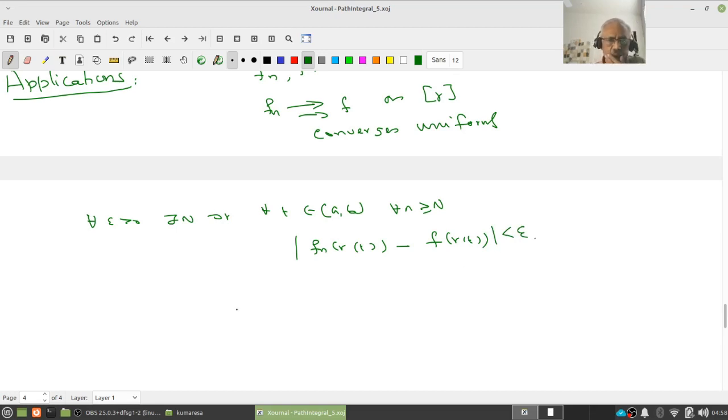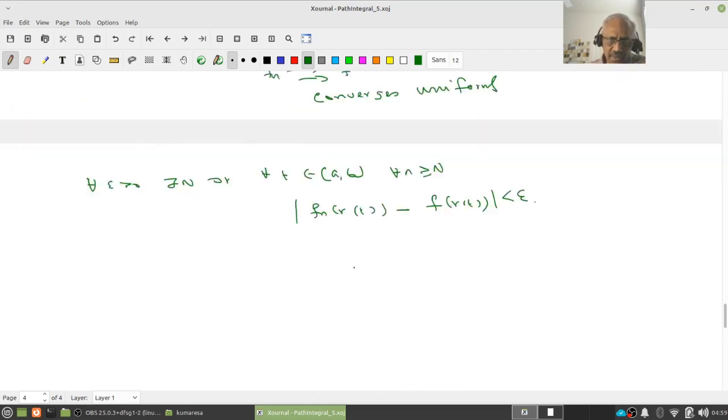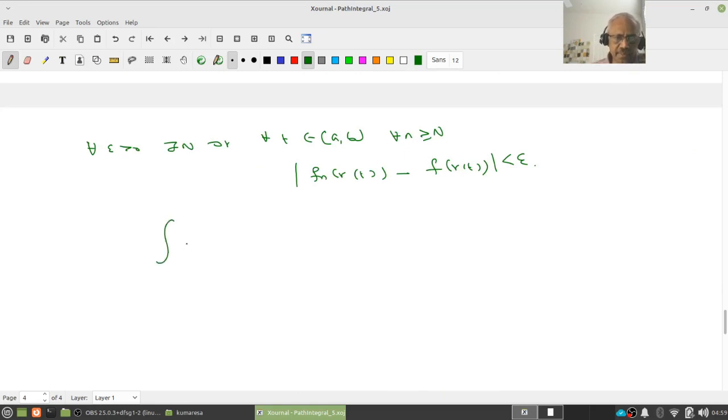Remember that. Now, since f_n are continuous and f_n converges to f uniformly, f is also continuous. That you know. Therefore, the integral of f_n over gamma makes sense, and the integral of f over gamma makes sense.